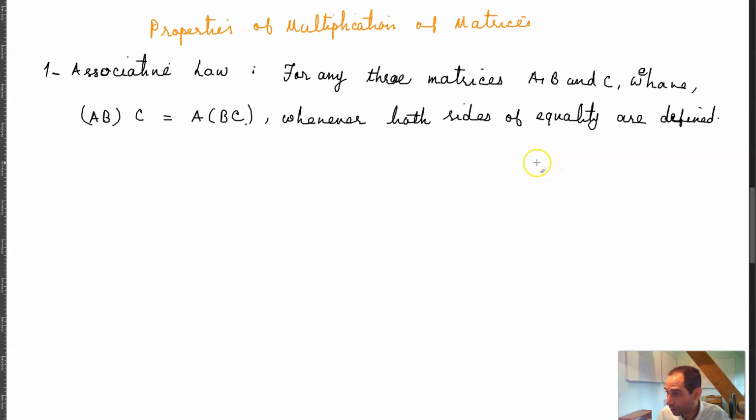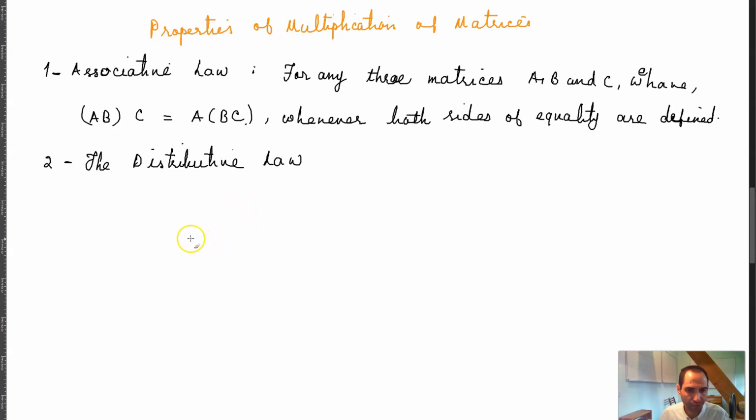And the distributive law for matrix multiplication, number two, is the distributive law. In the case of real numbers, you know that multiplication distributes over addition, but addition does not distribute over multiplication.